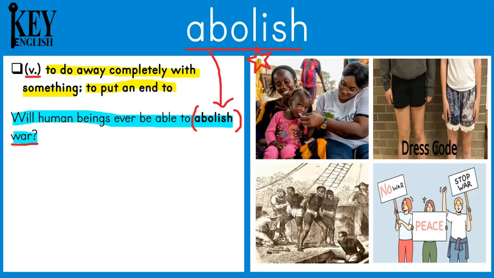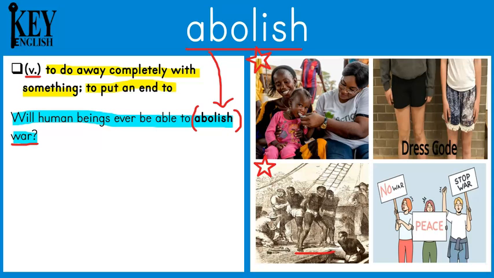Or another example would be, "A long time ago, there were slaves, and eventually we abolished slavery because it was unjust." So, of course, having a slave, having ownership over another human being is not a good thing. It's awful. So it was something that was eventually abolished.